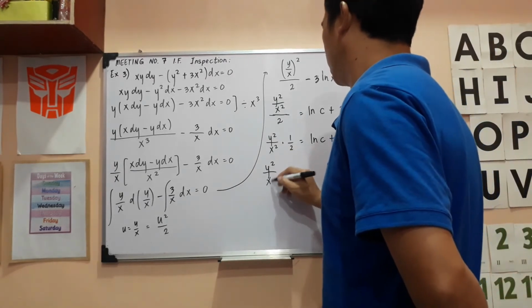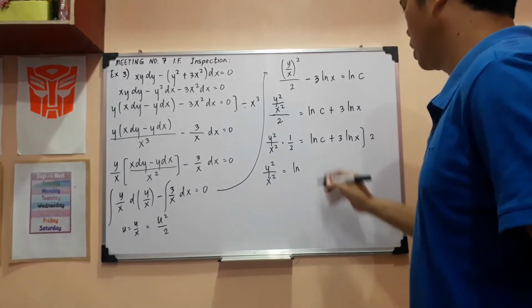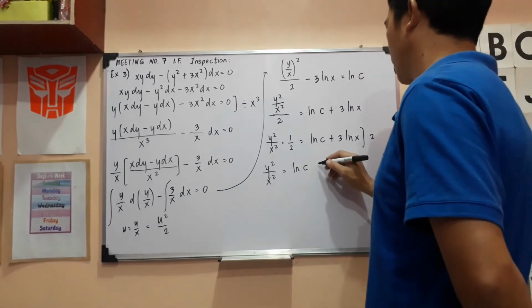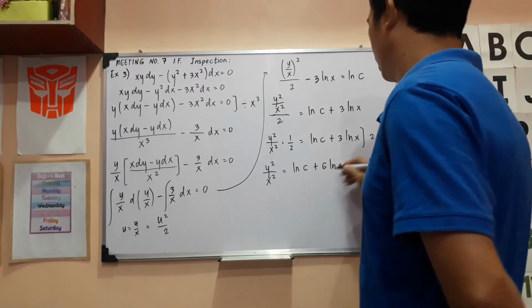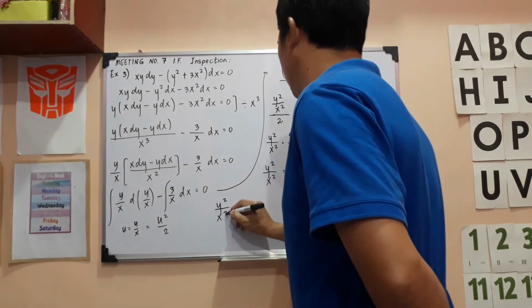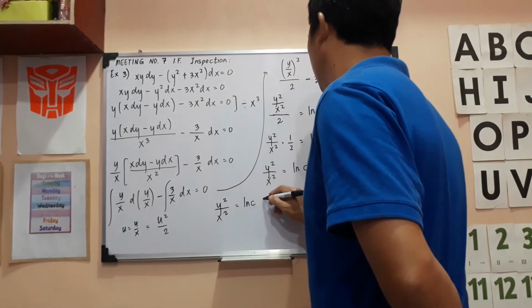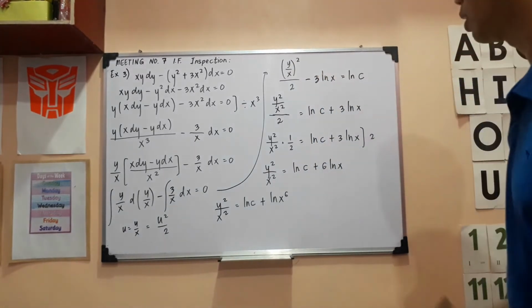Y square all over x square is equal to, ang 2 ln of c is still ln of c, constant pa rin yun. 6 ln of x. Or that is y square all over x square is equal to ln of c plus ln of x raised to 6.